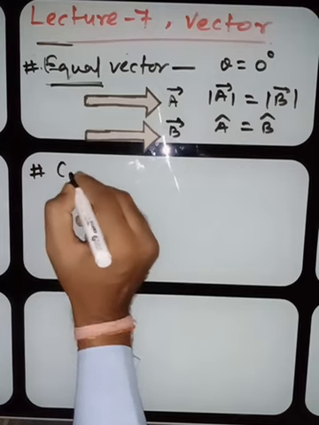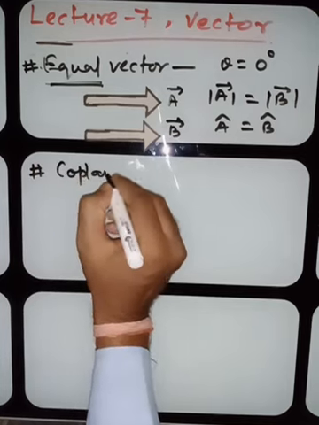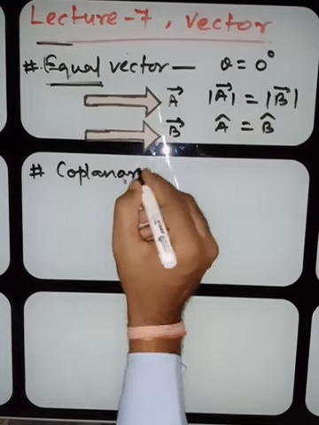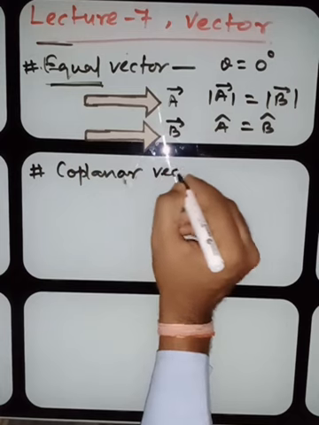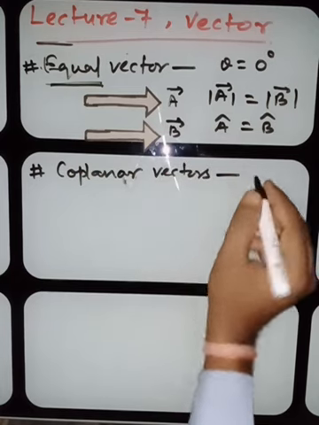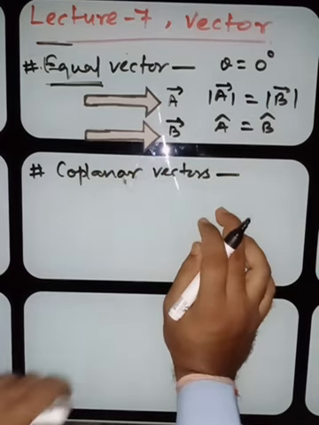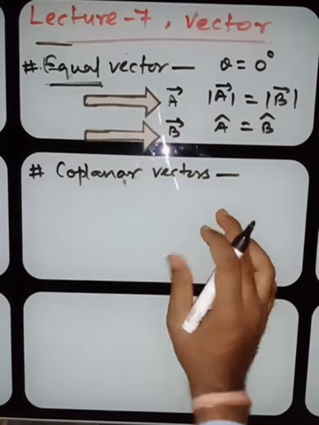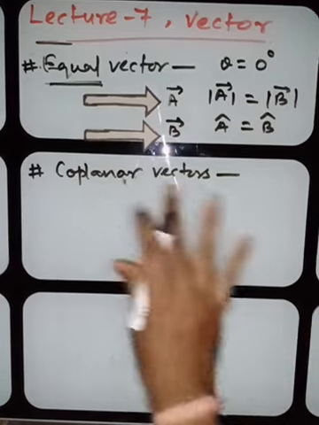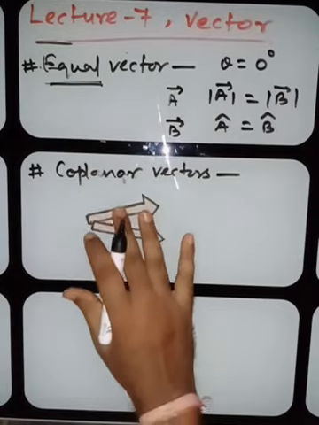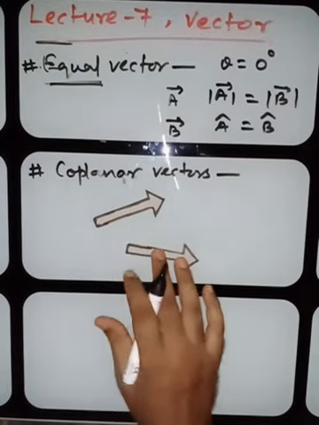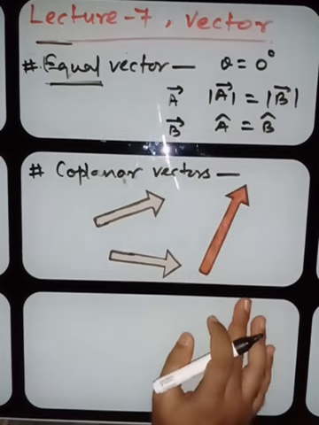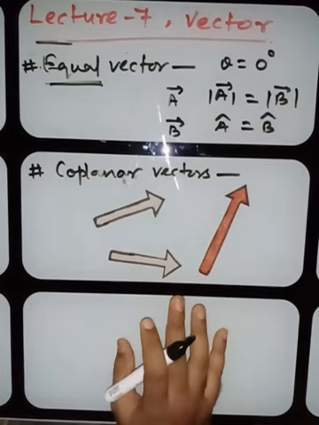coplanar vectors. Two vectors or more than two vectors will be considered coplanar if they lie in the same plane. Suppose over this board I place 1, 2, whatever the angle, it doesn't matter, and this 3, all three lie on the same plane. That's why this is called the coplanar vector.